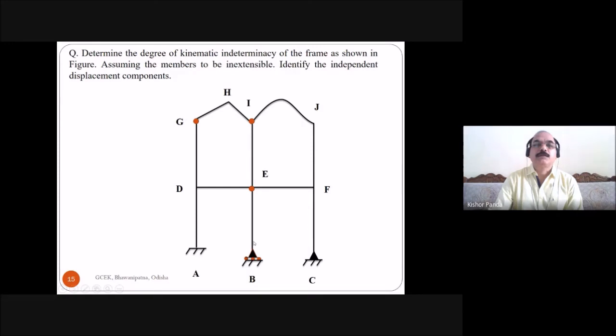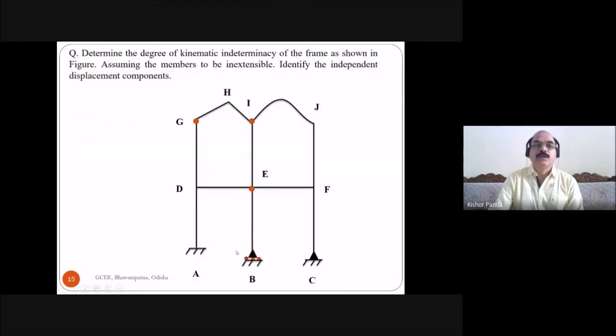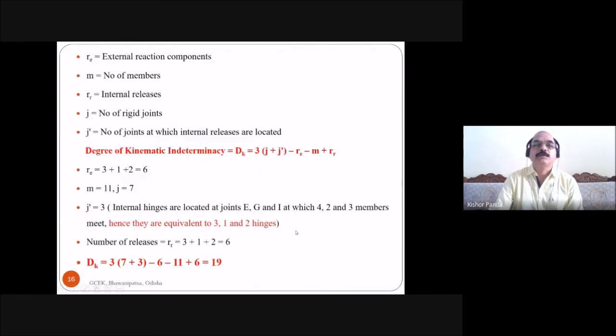Rotation of joints B, C, D, F, and H, J. At joints H and J I already discussed. H, J, B, F, D, F, and B, C: these are the joints where the rotational displacement occurs.